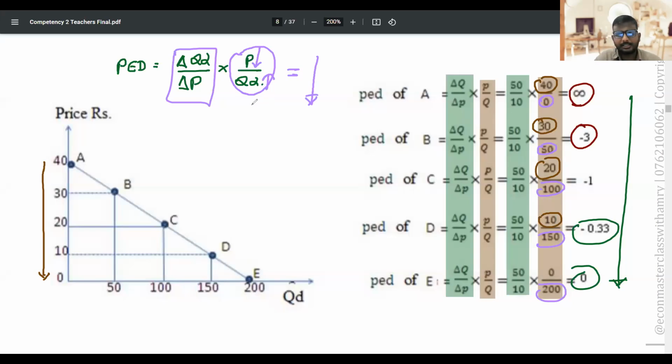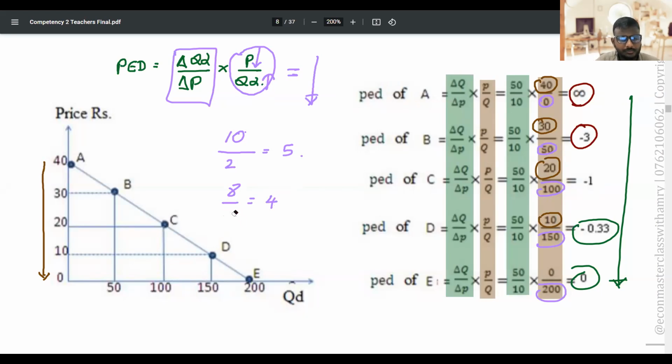For example, let me take you through a small example. Let's say a division where 10 divided by 2. Your answer is 5. Let's say the numerator drops to 8. 8 divided by 2 is 4. Similar thing is happening here. The numerator, price, is dropping from 10 to 8, so your final answer would drop. At the same time, quantity is also increasing. The 2 becomes, let's say, 4.